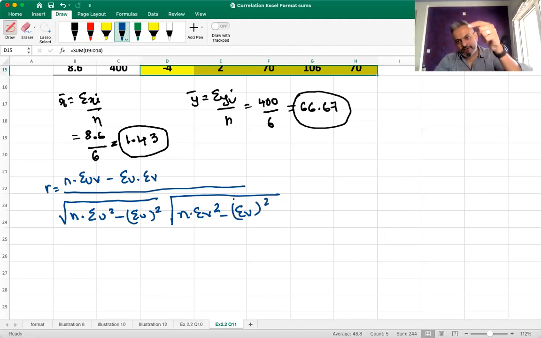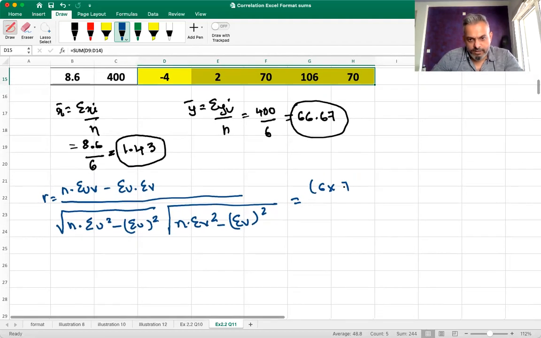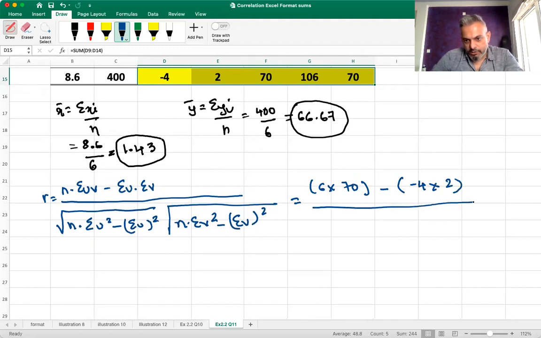Every time you write the formula, recite it, even in your mind.